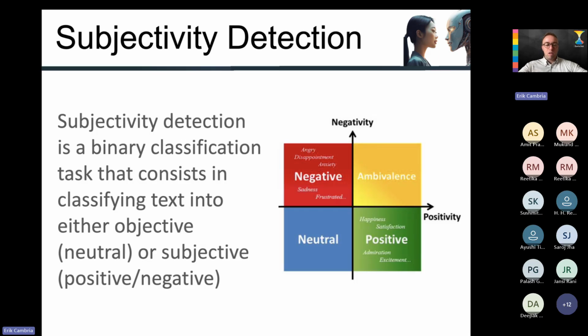Why is this an important task? Because historically, many people realized that in most cases you have a much higher accuracy if you do subjectivity detection first and then later on binary polarity classification, rather than trying to straight away classify according to three classes: positive, negative, and neutral.